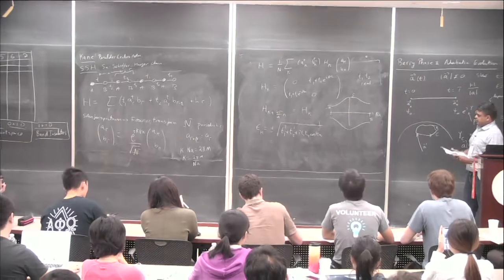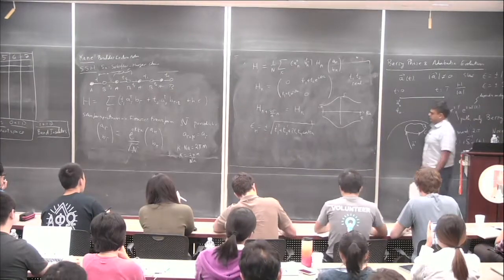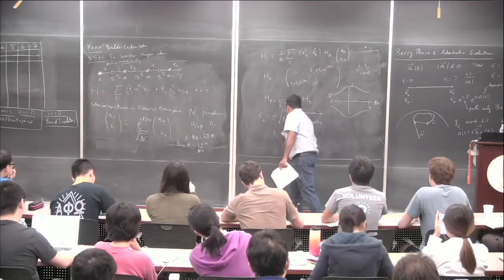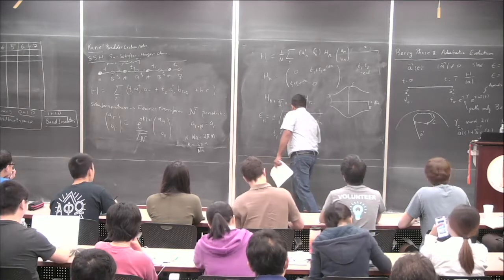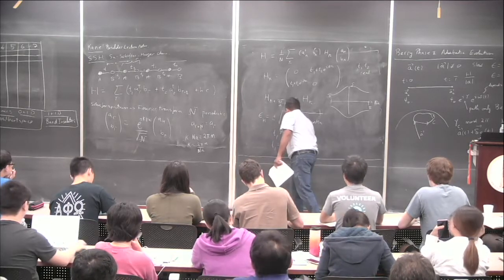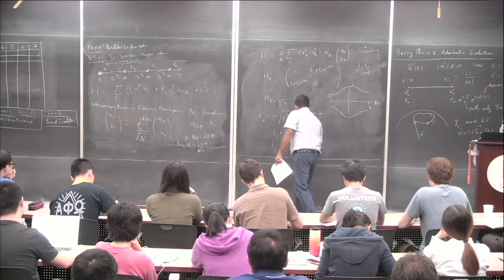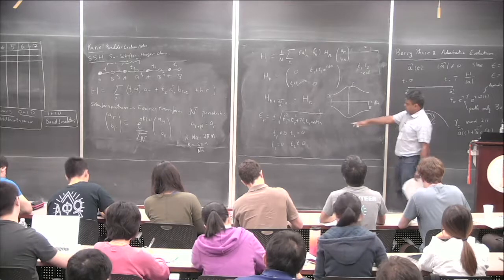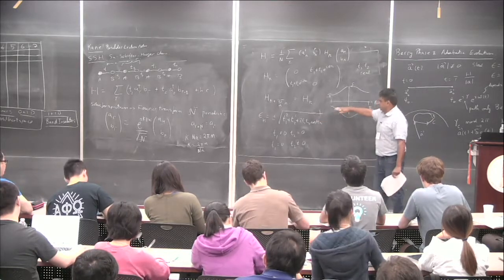Okay, so let's analyze two very simple limits. Switch off either t1 or t2. So let's say t1 is 0, really simple limits where in either case this dispersion becomes completely flat.